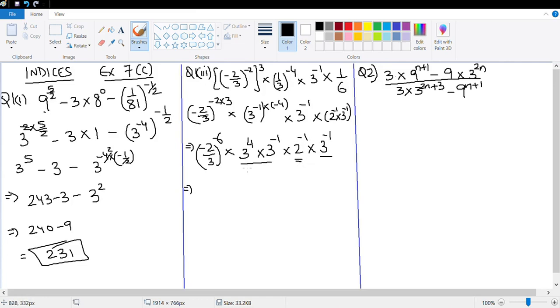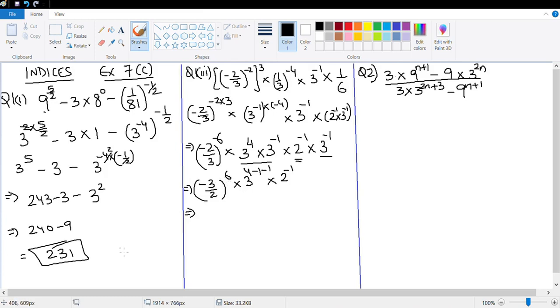This is alone. I notice that since this is a negative power, let me convert it into a positive power. So this will become negative 3 by 2 raised to the power 6, into 3 to the power 4 minus 1 minus 1. That's what I've done. I've combined these and 2 to the power negative 1. Now a negative number raised to an even power is always positive.